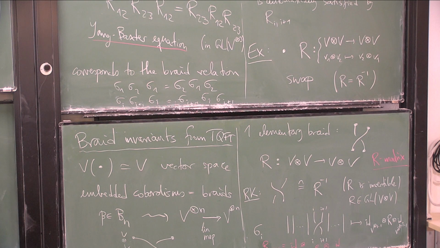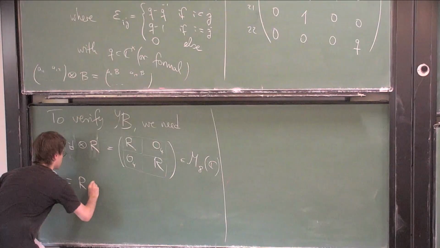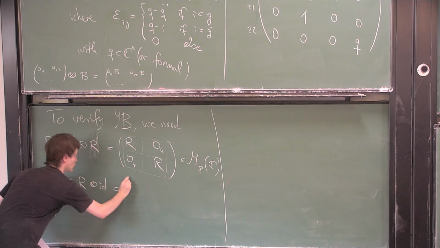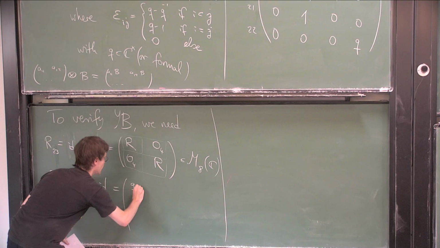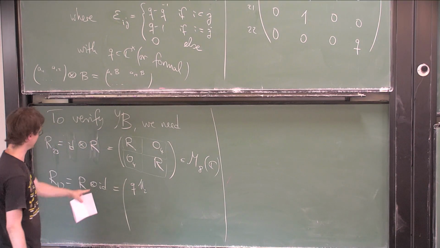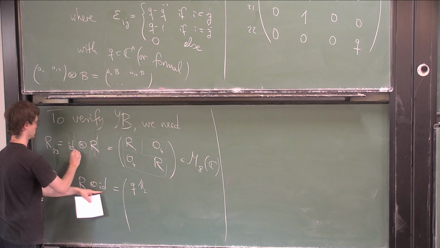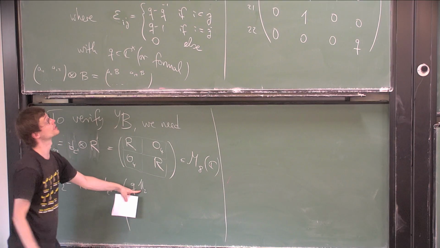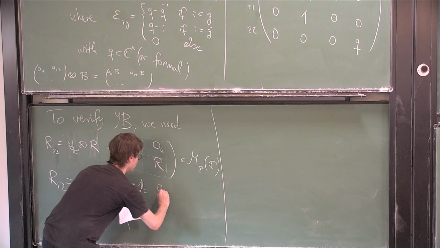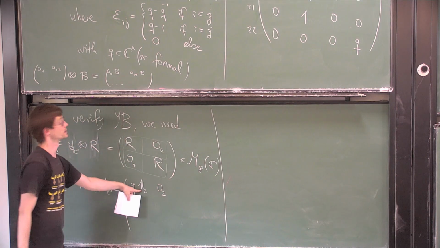Well, so we can write this down, and R12 is the opposite, R tensor identity. So now what you do is you take this big matrix and you add identities. You have q times the identity, identities on C2. So you have the identity 2x2 matrix, then you have a 0, but it becomes the 0 matrix of size 2.